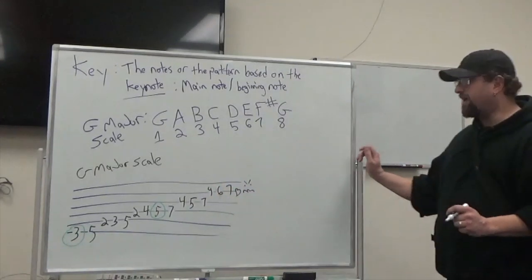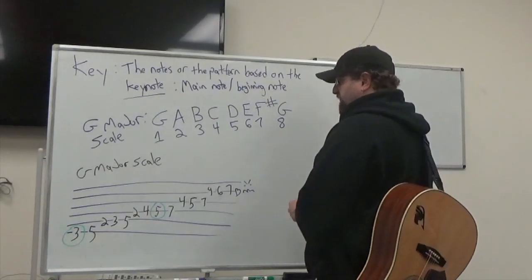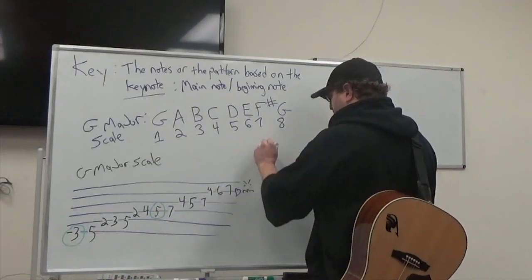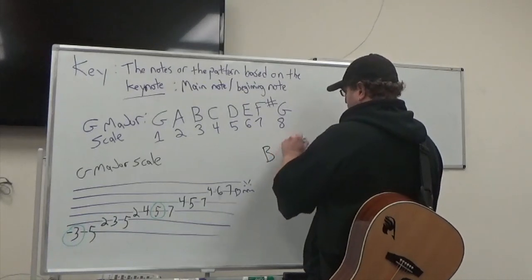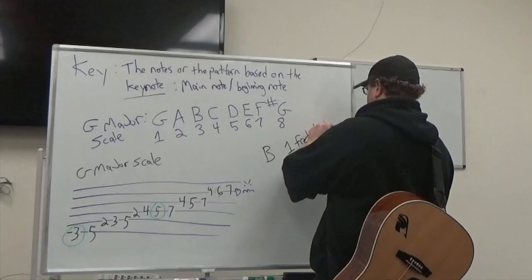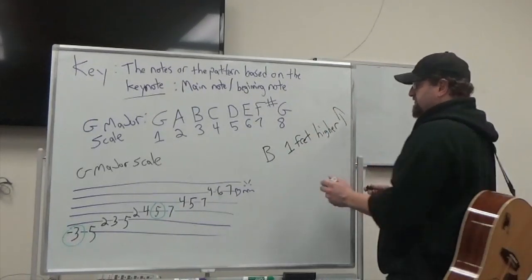But, nope, that's not going to happen. Because our B string is tuned lower, we have to move up higher 1 fret. So the B string, you have to go 1 fret higher. 1 fret up, okay? So that's how that works, B string.